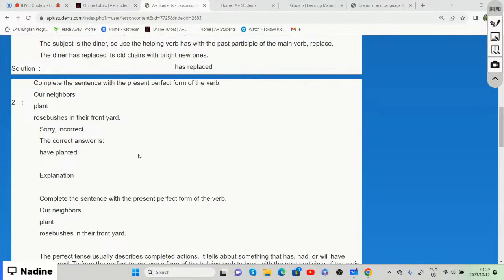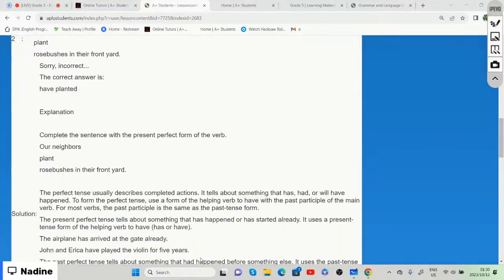So our neighbors, do we say have planted or has planted? We need to choose the correct one.